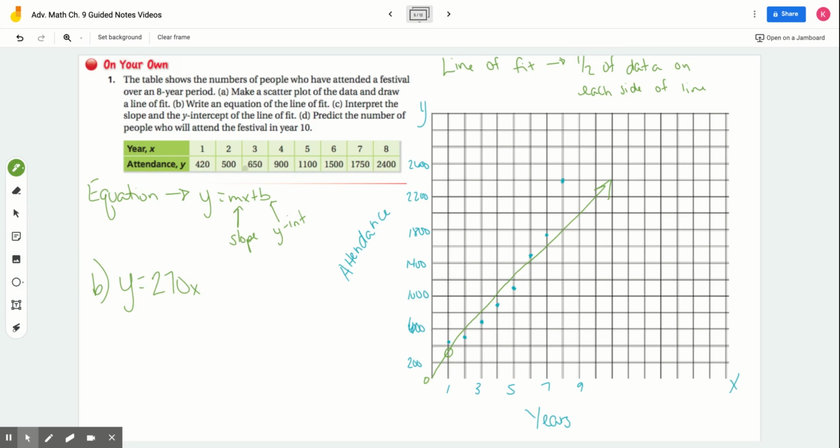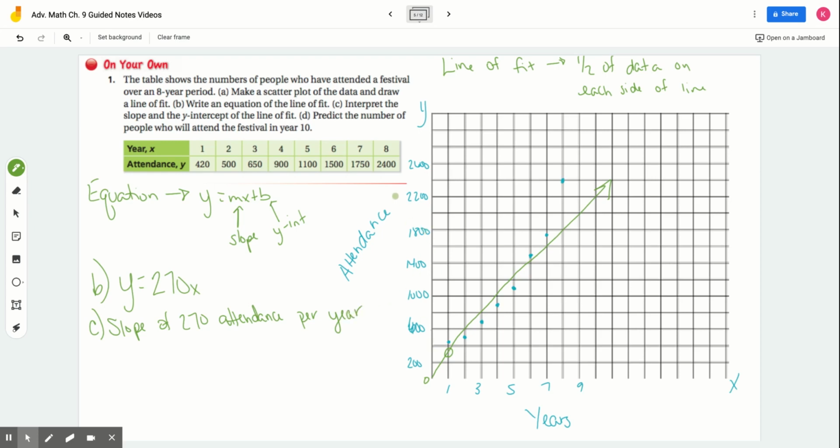Now, interpret the slope and y-intercept, so explain what that means. For part C, the slope of 270 means that there are, in context of this problem, 270 people in attendance per year.